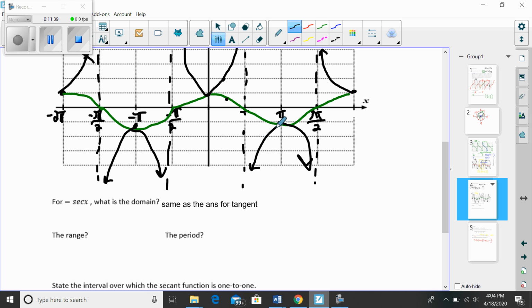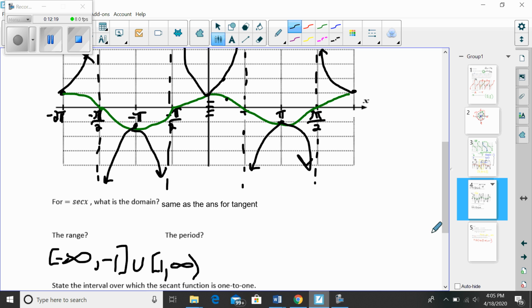So for everything in black, I'd have to look at the y values, and nothing is included in these y values in between 1 and -1. So the answer for the range is the exact same answer that I had up above for the range of cosecant. I do include 1 and -1. That's why I use the closed brackets. All right, so that's the range.